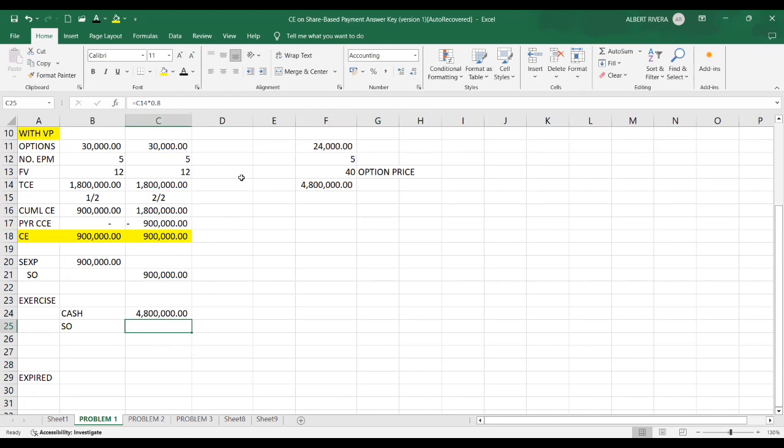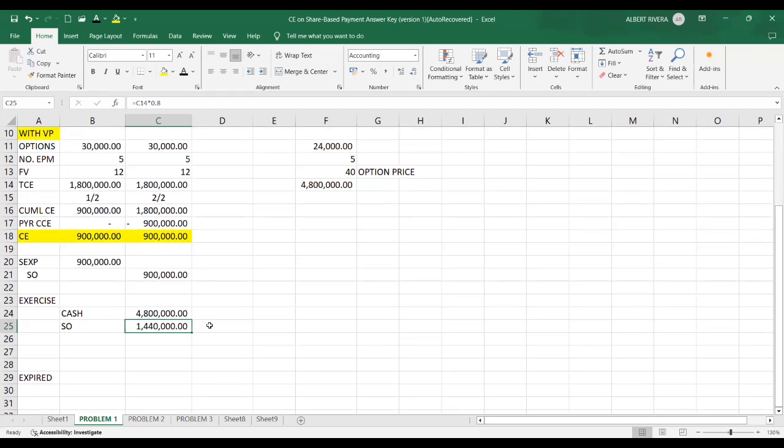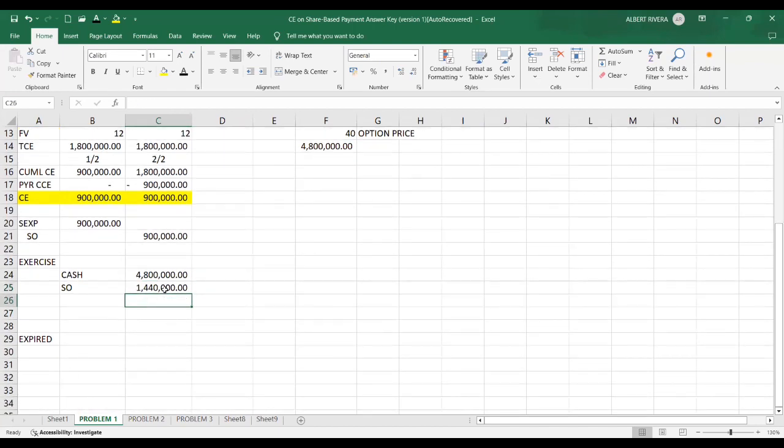So, that is 24,000 times 5 times 12, fair value of the date of grant. Yan lang yung in-exercise natin. Equivalent to 1,440,000. So, this is 30,000 times 80% times 5 employees times the fair value at the date of grant. So that is 1,440,000.